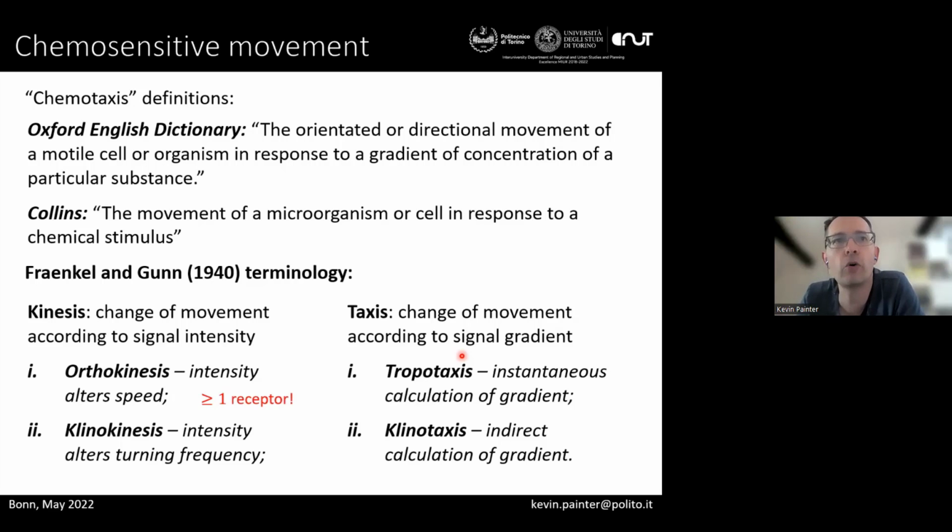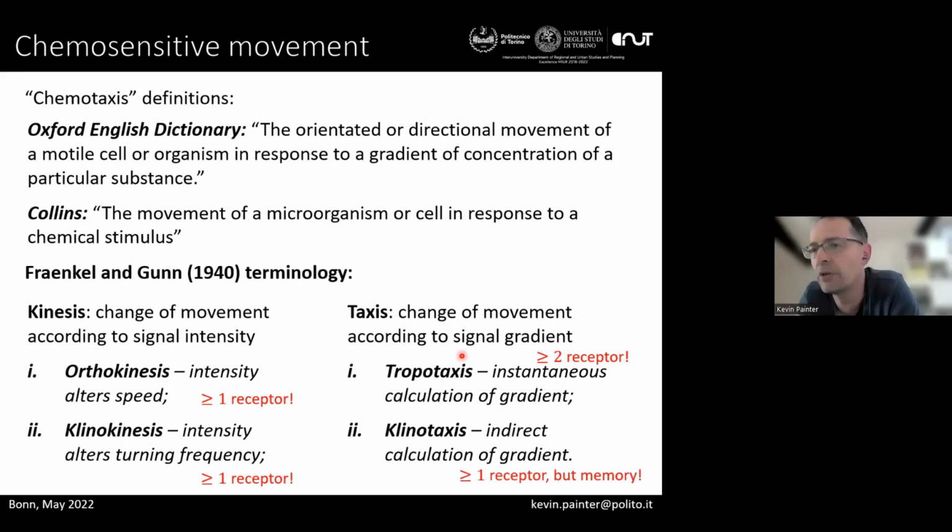Okay, so there are these various terminologies, and they each imply different capacities of the organism. Something like orthokinesis can be achieved even with just one receptor. You detect the concentration and you change behavior. Clinokinesis would again require a minimum of just one receptor. A tropotaxis would require at least two receptors to be able to compute that spatial gradient.